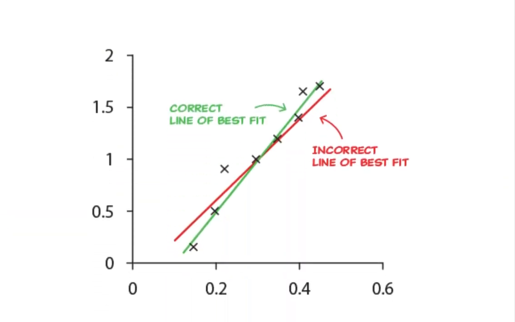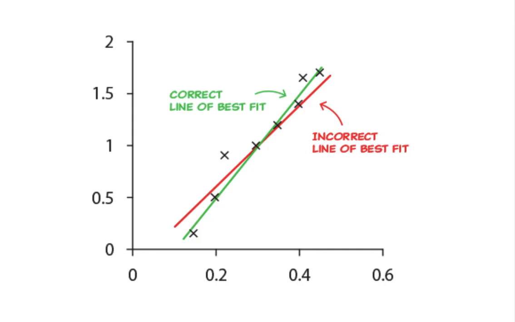All right. So I have a couple of examples to show you. So pretend like these X's are dots. This example is using X's instead of dots. You'll see that the green line is a better line of best fit compared to the red line. So the green line follows that trend more. It's a little bit more down and to the left, and a little bit more up and to the right.